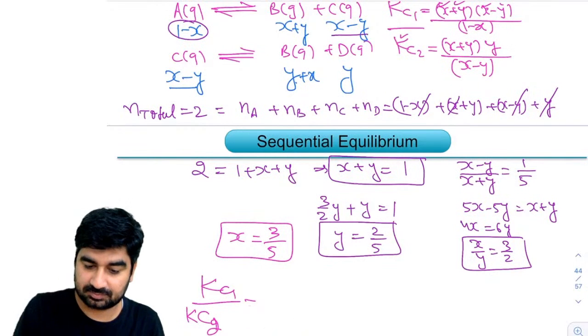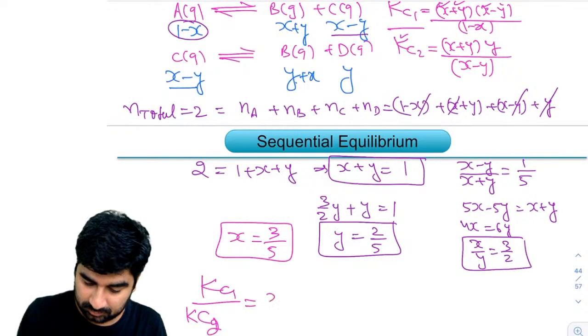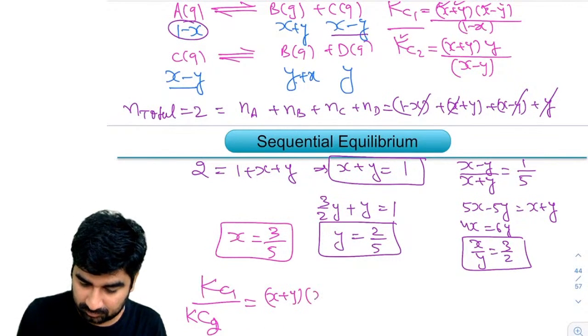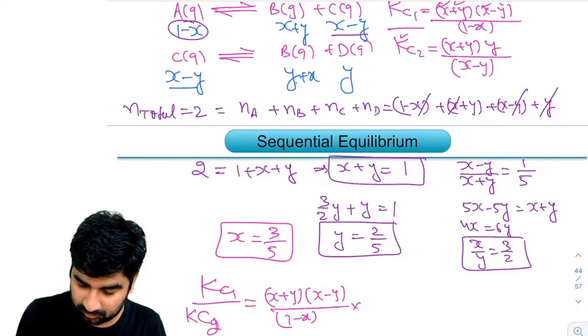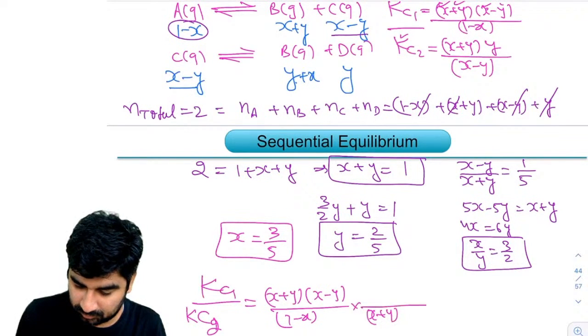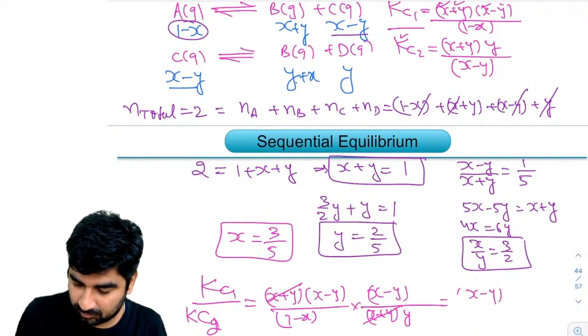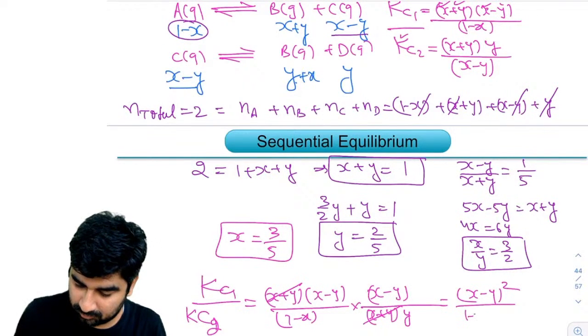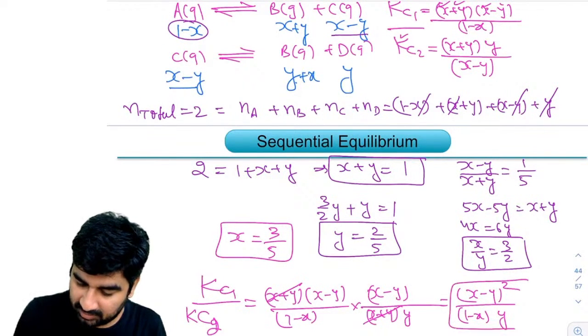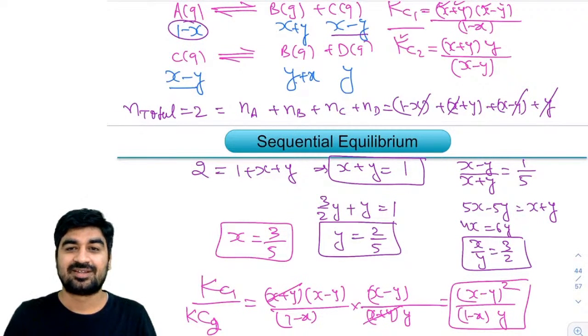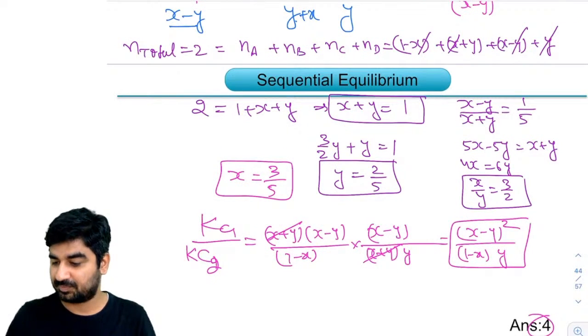Just do it. I think now you can get it. Okay guys, just put the values of x and y and your ratio would be 4.